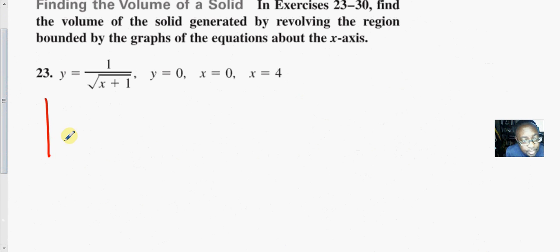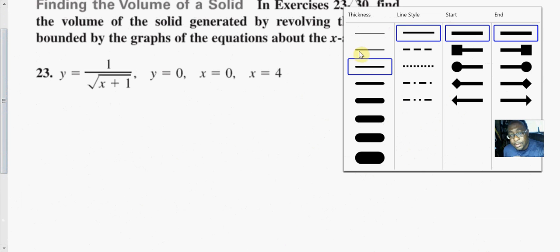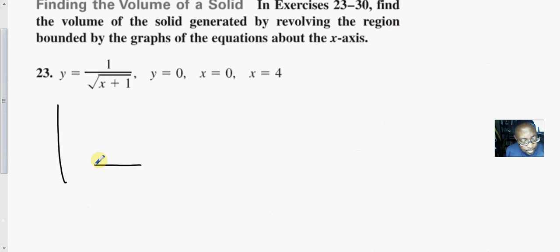So the graph of this guy is doing that, and it's going from x equal to 0 to x equal to 4, and then y equal to 0 is the x-axis.